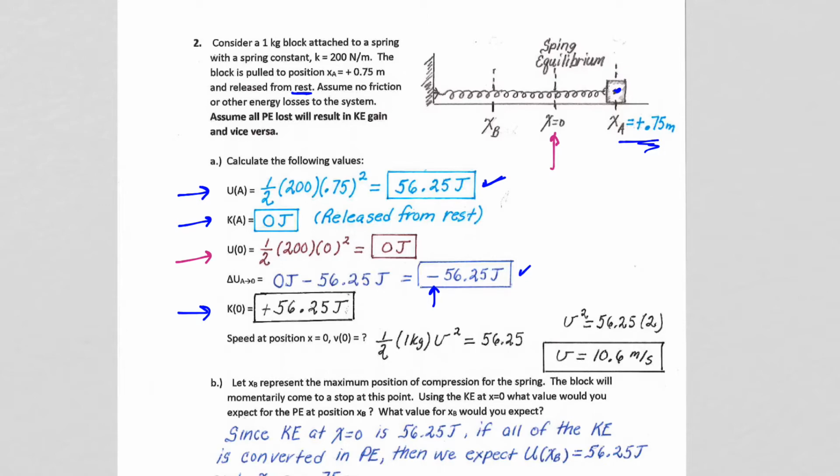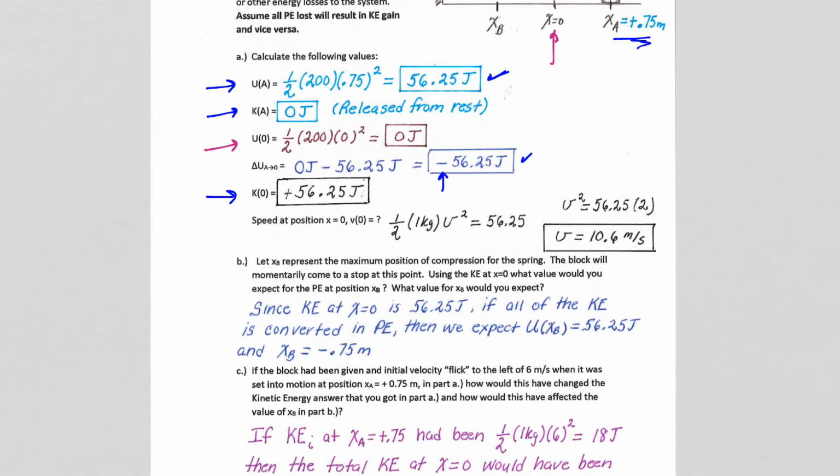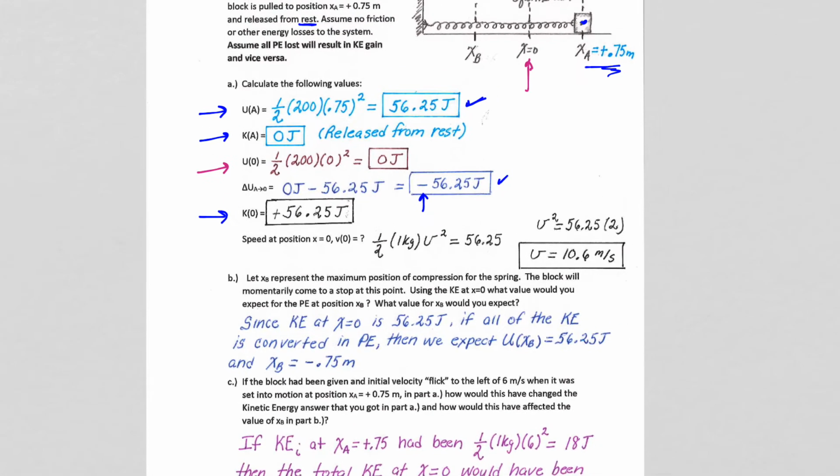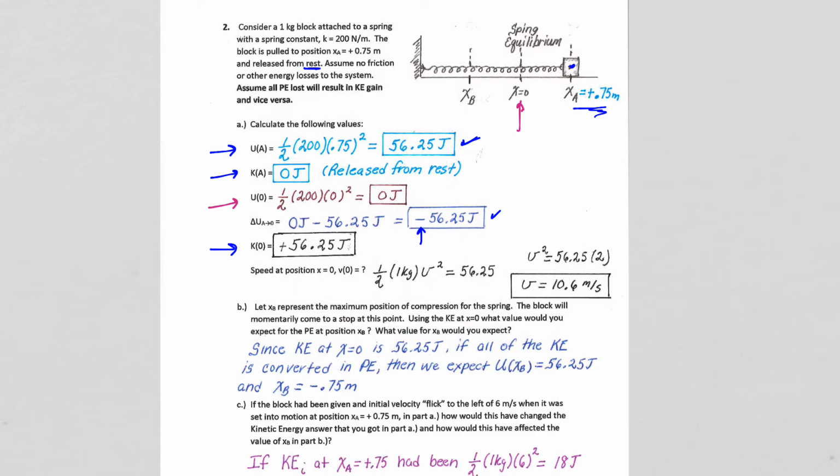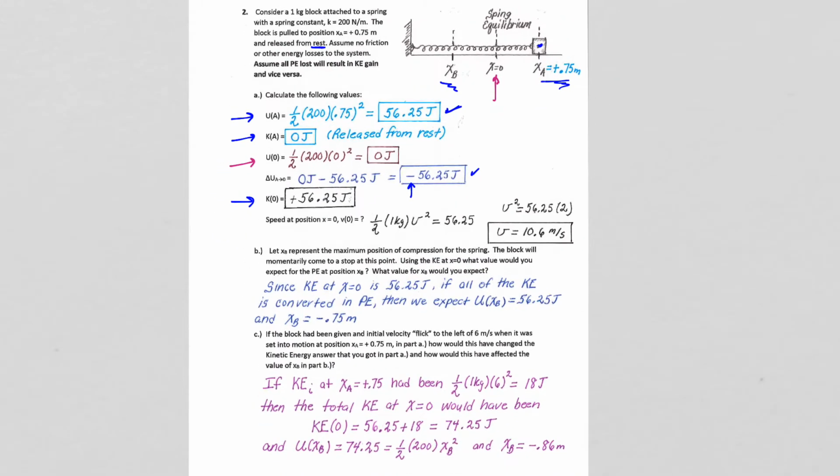The speed then, once I know the kinetic energy joule value, 1/2 mv squared, we can solve for v. Now, if we are told that x sub b represents the maximum compression position on the left-hand side here, and we were asked to consider that position, well, we have perfect symmetry about x equals 0.